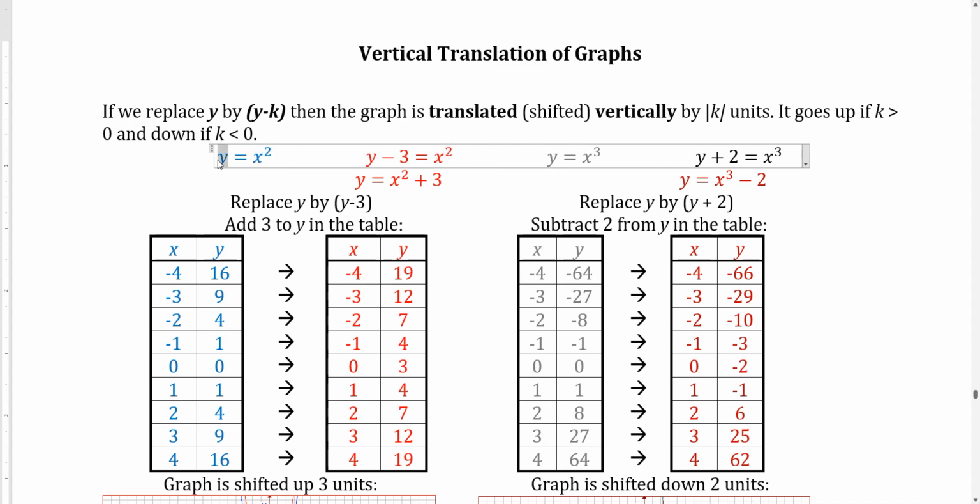What was changed is y was replaced by y minus 3. Now you could solve this for y, particularly if you're going to put it on, say, a TI-84 calculator, you need to solve for y. So you could say y equals x squared plus 3, but it's not as obvious which one is changed here. Rewriting it in this form right here makes it clear that x was left alone and y is changed.